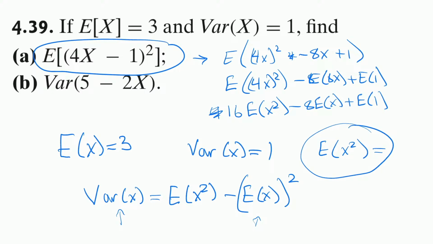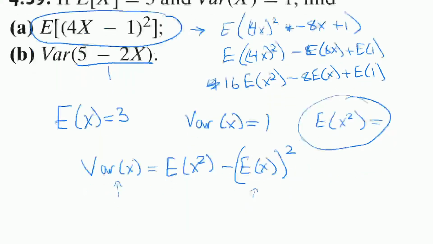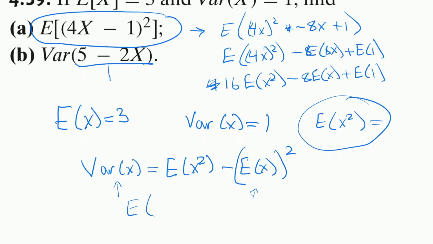Just remember that the variance of this will be the expected value of that squared, so it would be like the expected value of (5 minus 2X) squared minus the expected value of 5 minus 2X, quantity squared. So you'll have to do a little bit more arithmetic. But yeah, this one's weird. I wanted to make sure we hit that.